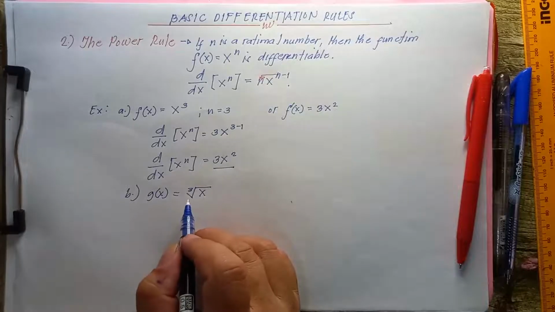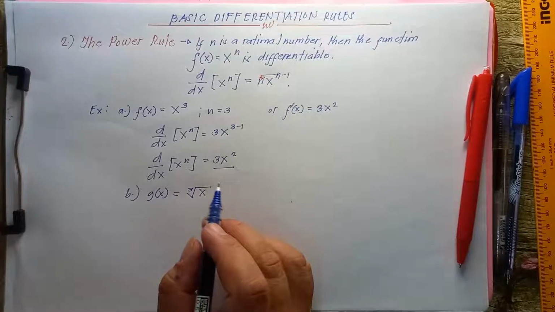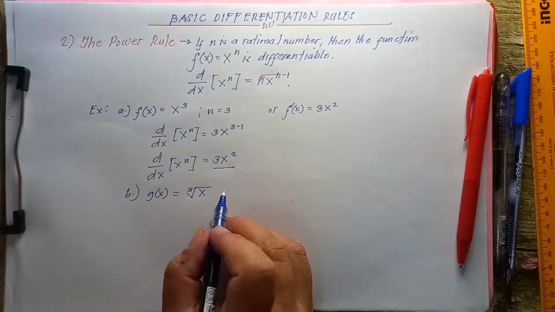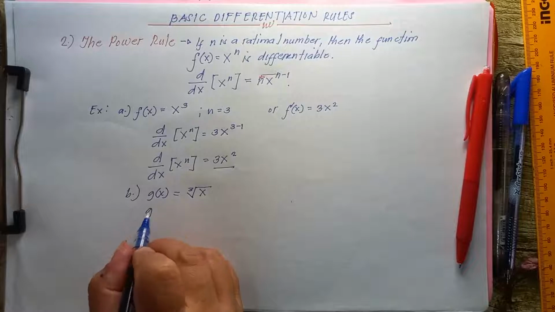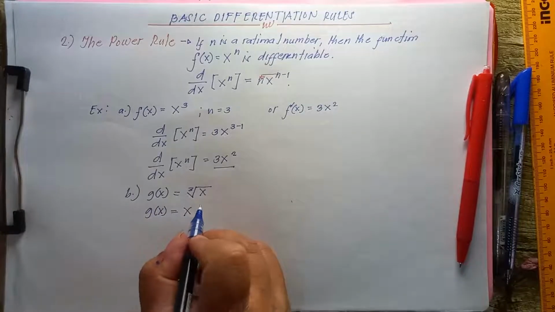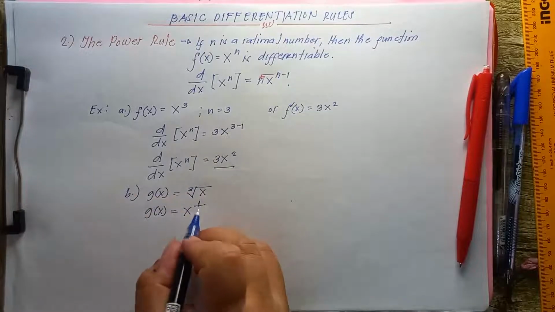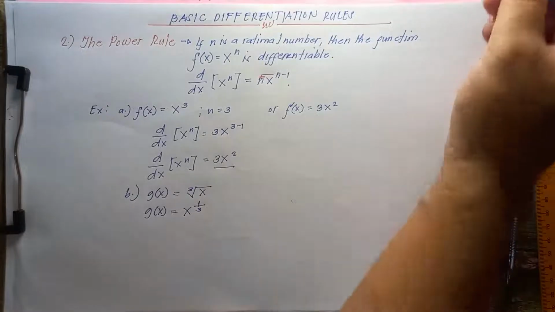To get the derivative, convert it into exponential form. So the exponential form is g of x is the same as x raised to 1/3. So that is the exponential form.